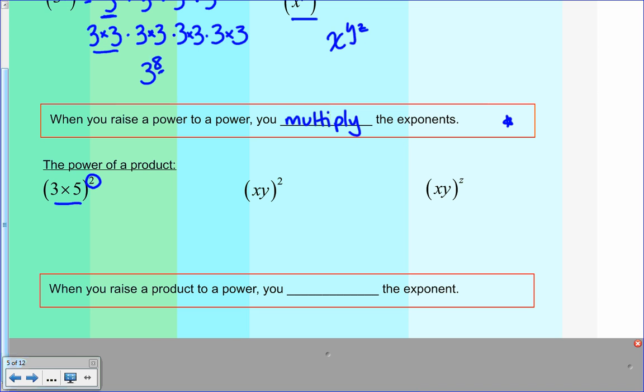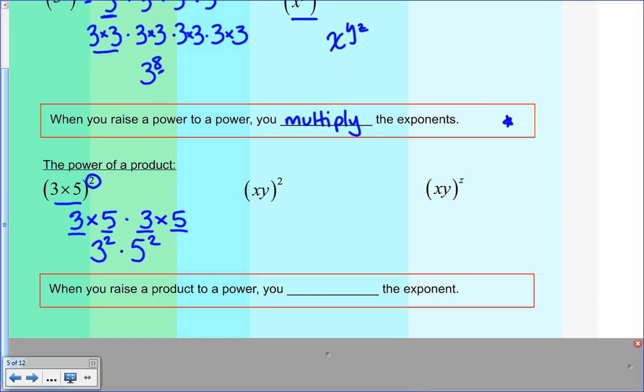And again, if I were to write that out the long way, I would see 3 times 5 times 3 times 5. And what we can see happening is that there are 2 3's multiplied together for a 3 squared, and 2 5's multiplied together for a 5 squared. We could multiply that out if we'd like to get 9 times 25, but for our purposes, again, we'll just leave it like this.